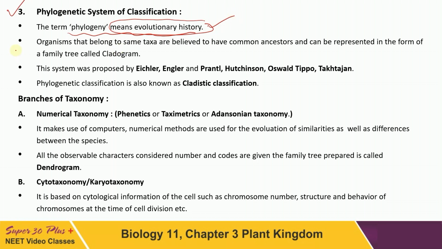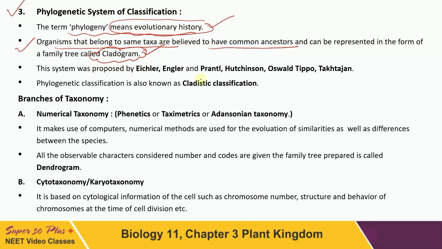Important statement: organisms belonging to the same taxa are believed to have common ancestors, and they are represented in the form of a family tree known as cladogram. Important, cladogram. The family tree is formed based on phylogenetic relationship.